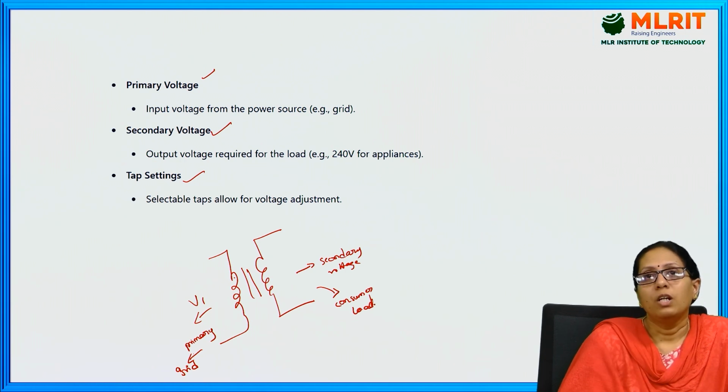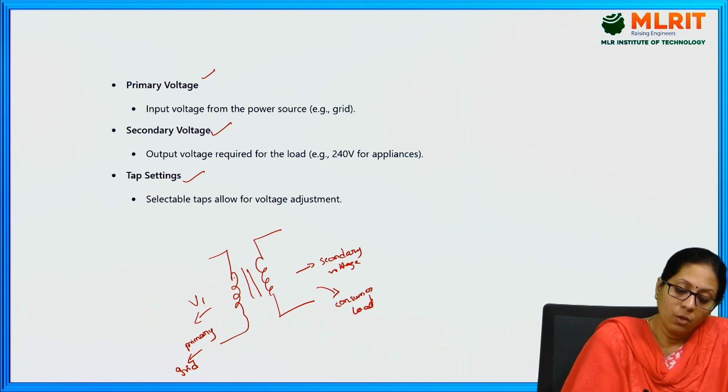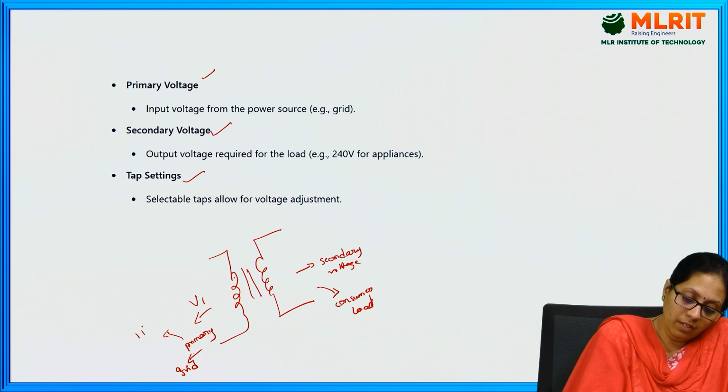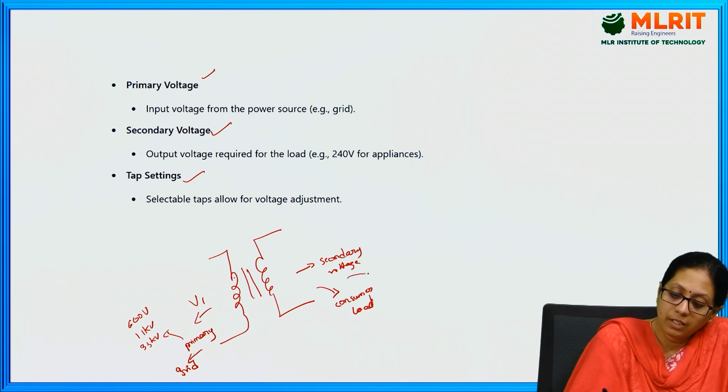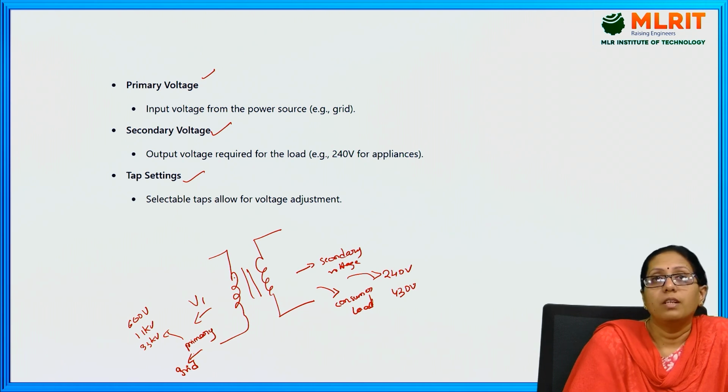Here the voltage may be 11 kilovolts or 33 kilovolts or 660 volts. Here the voltage may be around 240 volts or 430 volts, like that.